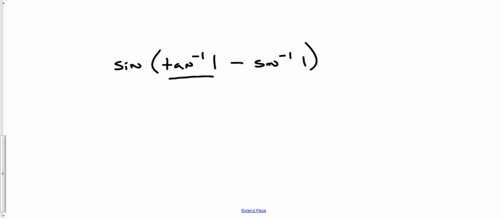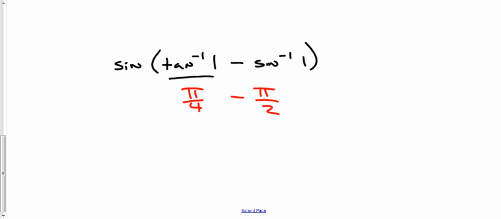Where is the tangent equal to 1? Well, that's going to be at pi over 4. Minus, where is the sine equal to 1? So I know that my sine is going to be pi over 2.